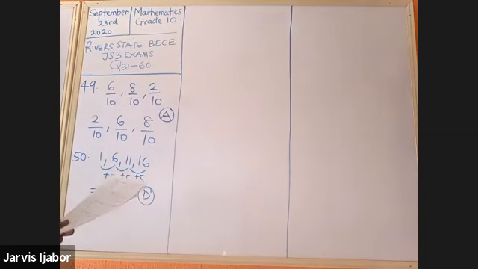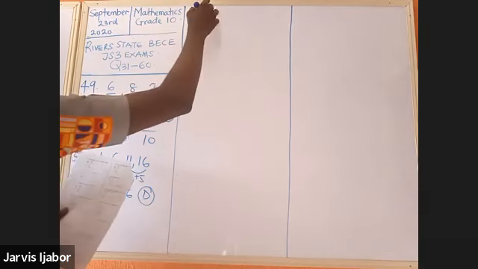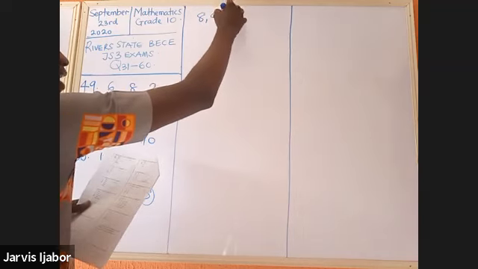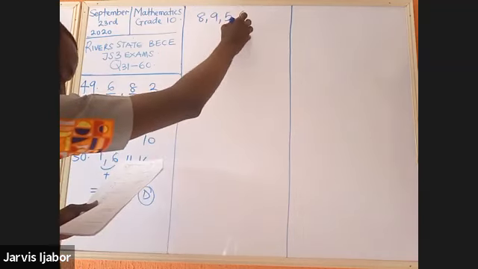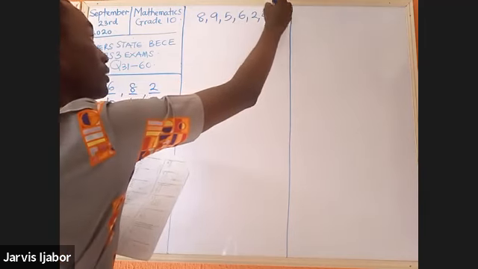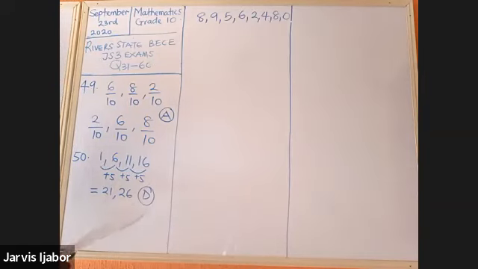What about question 51? We are told to use the information provided to answer questions 51 to 53. What's provided? 8, 9, 5, 6, 2, 4, 8, and 0.